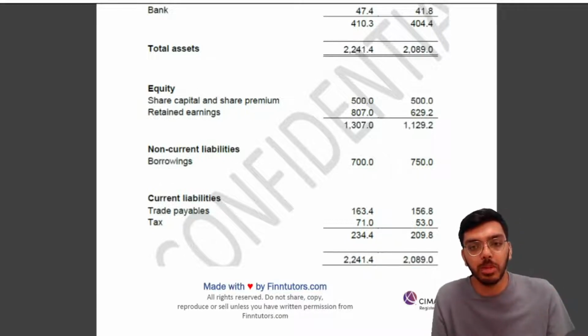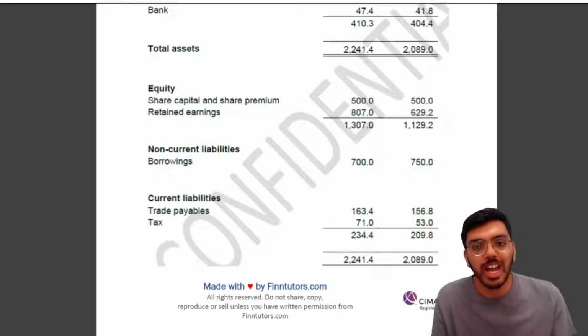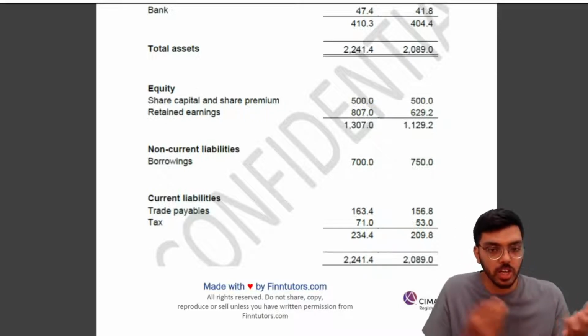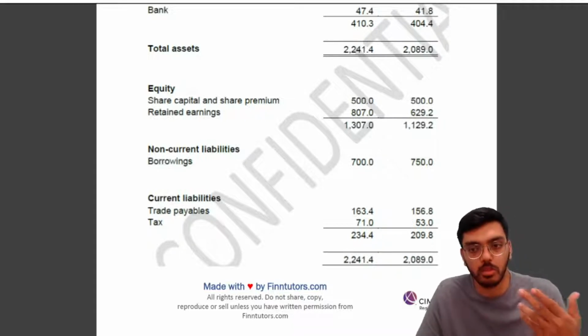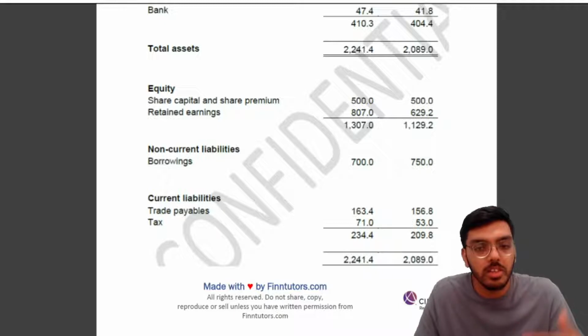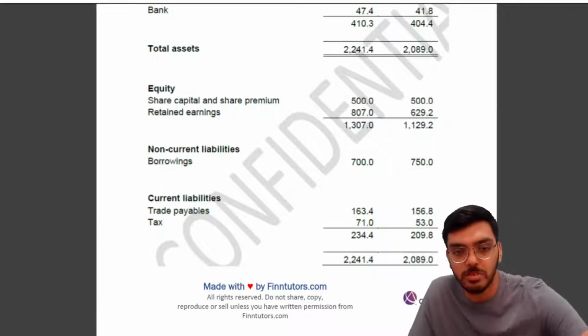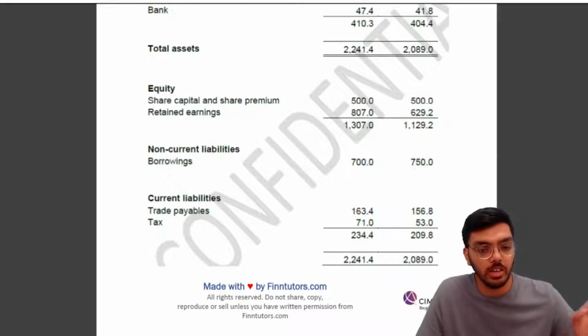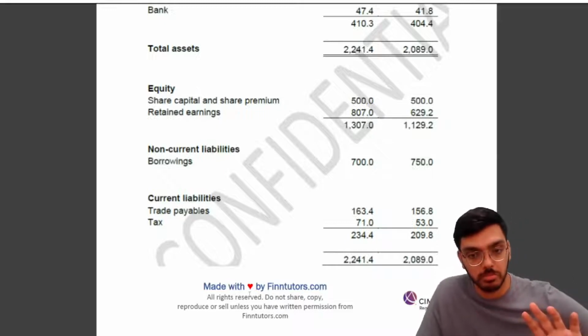Your trade payables, an increase but a slight one. Tax has gone up. We made a discussion on this as well. There are two reasons that could have increased the amount of tax that we paid. We've already discussed this, and this brings us to our current liabilities, so our equity side total.